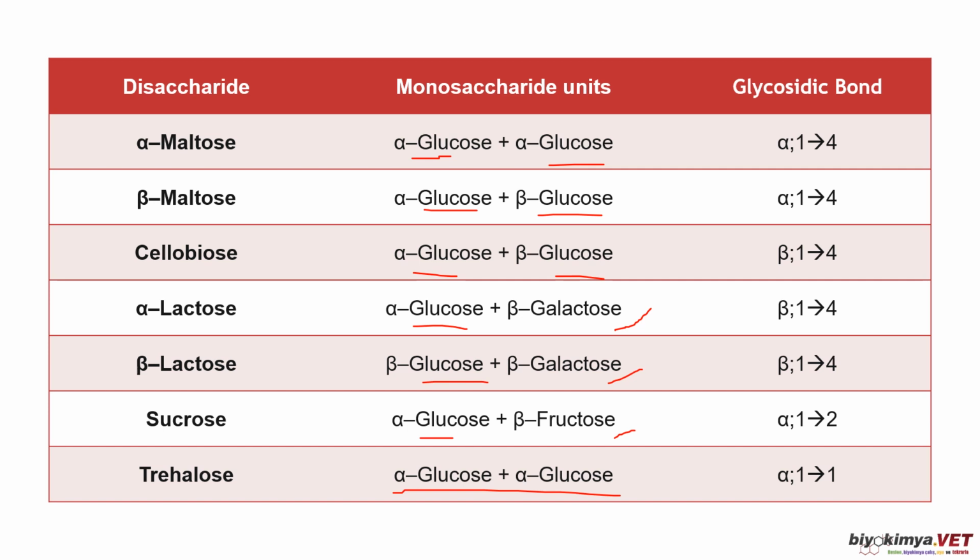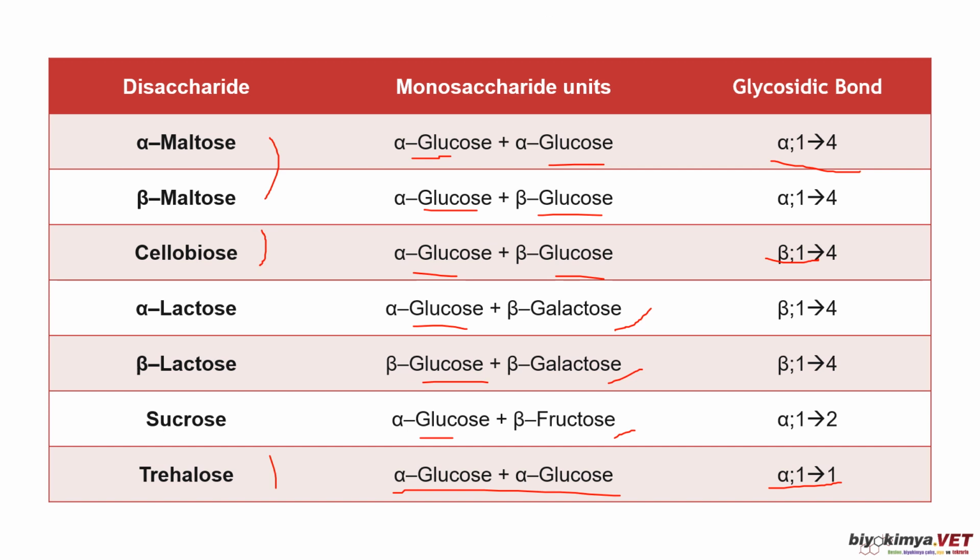But look here, maltose, cellobiose, and trehalose all consist of only glucose in different anomers, but they have different bonding patterns, different types of glycosidic bonds.